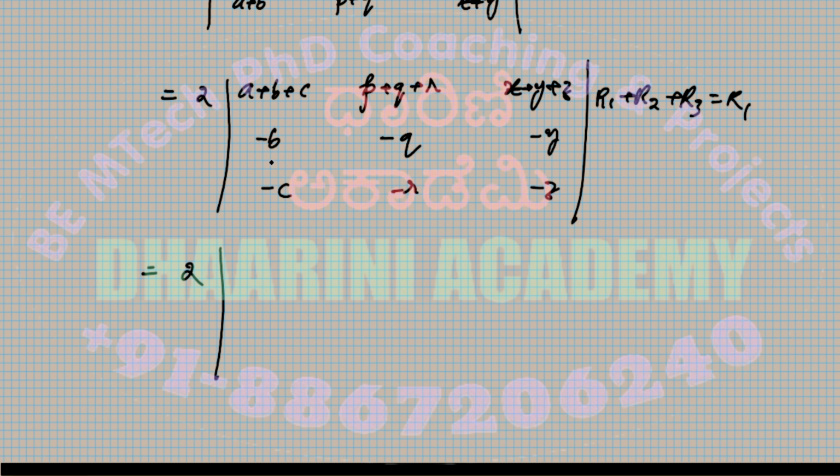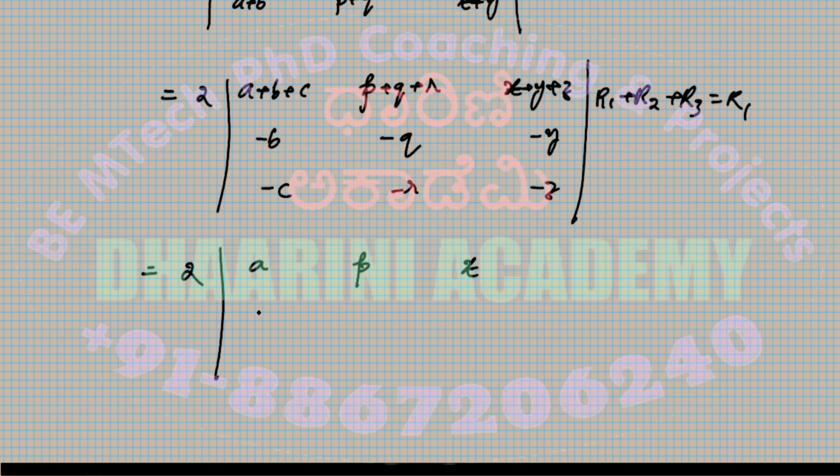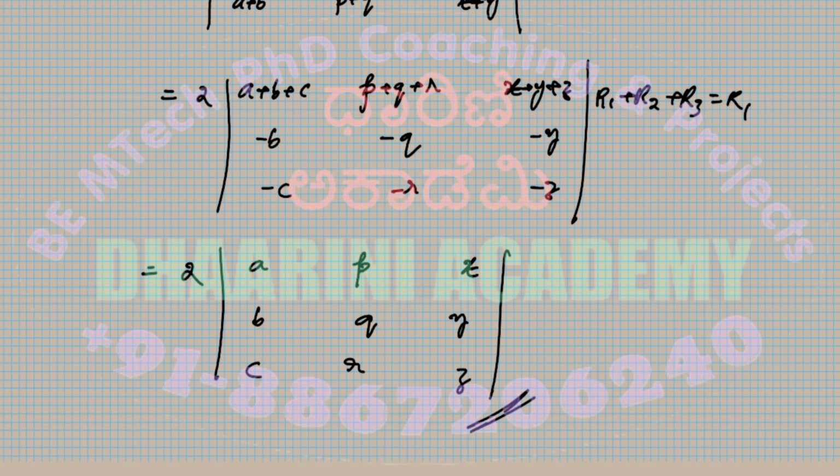A plus B plus C minus B minus C is A. So A, I have P, and I have X. Fine. APX. Now you see minus goes out, minus 2. And again minus goes out. That is minus of minus becomes plus. You don't have to write that. So simply write B, Q, Y, C, R, Z. So that's the required answer.